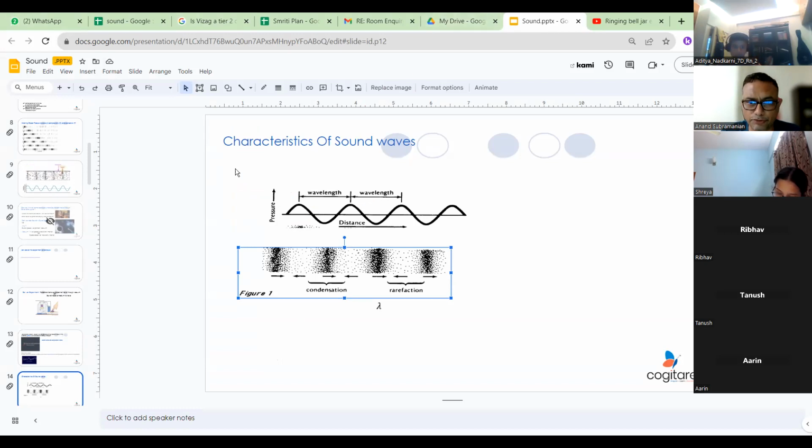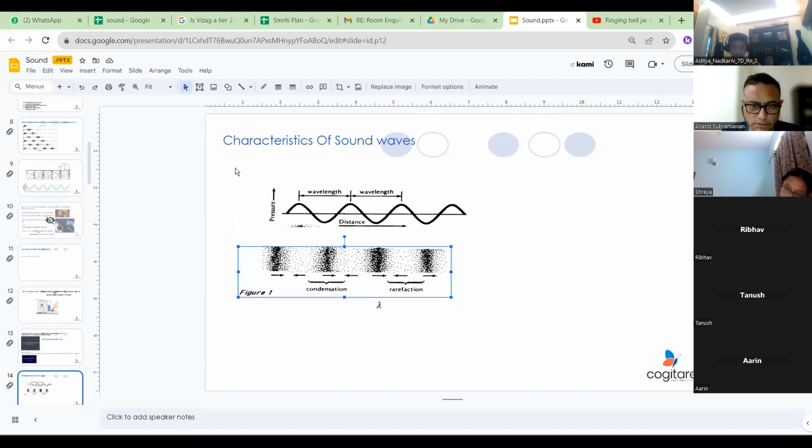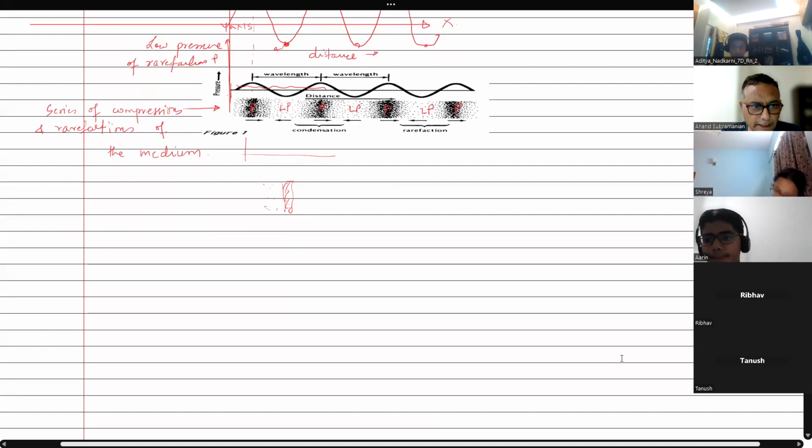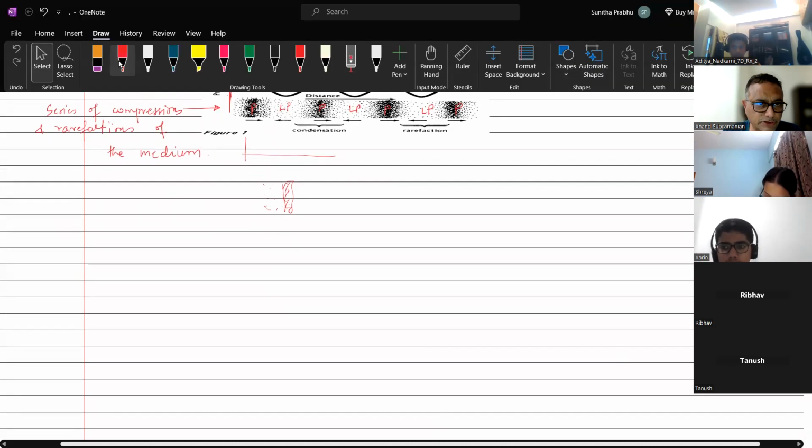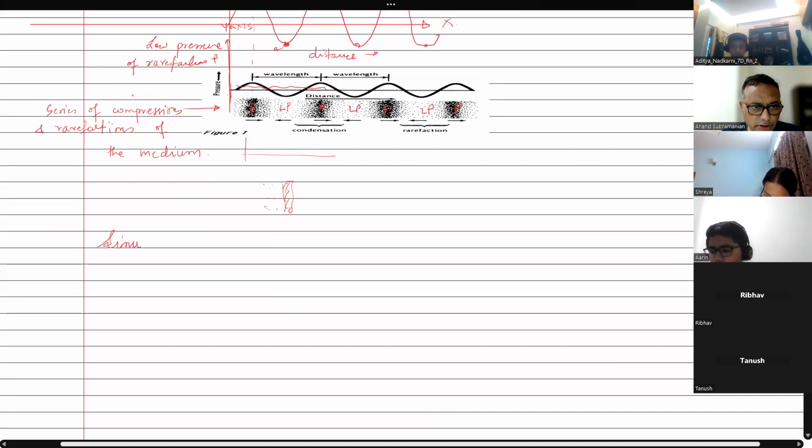I'll write it down for you, because this increasing, decreasing graph has a name. It is called sinusoidal. It is basically the form of a sine wave.